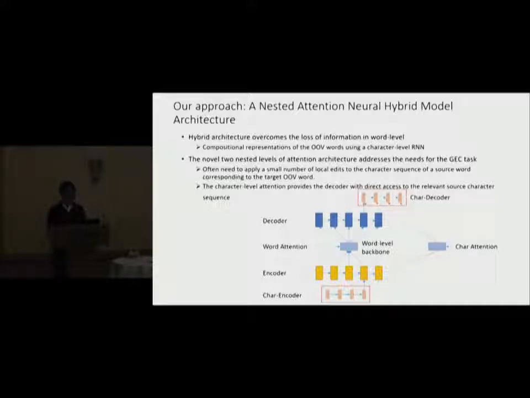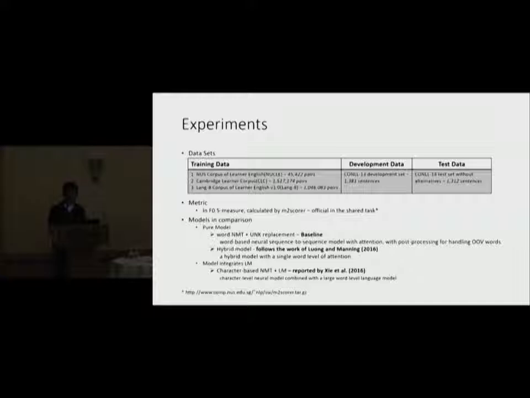And the character level attention provides the decoder information so that you can access the relevant source character sequence. So our architecture combines both, particularly the attention for the character level.